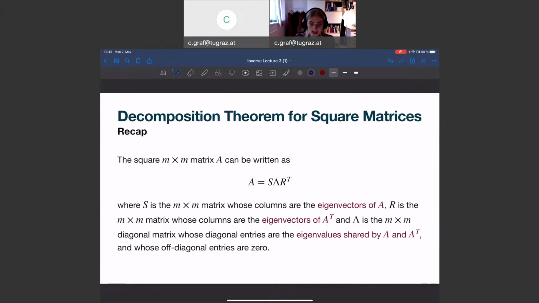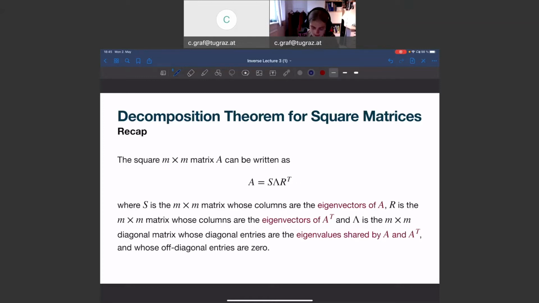And therein, S is an m by m matrix whose columns are the eigenvectors of A. R is an m by m matrix as well, and the columns of R are the eigenvectors of A transposed. And finally, lambda is the diagonal matrix where the diagonal entries are the eigenvalues that are shared by R, A, and A transposed, and the off-diagonal entries are 0.